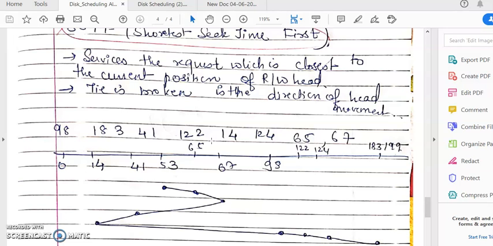Both are equally close. But which will I attend? I'll attend the request in the direction my head is going. So the tie is broken in the direction of the head movement. If the movement is going in the forward direction, I'll attend 54. If the head movement is going towards the backward direction, I'll attend 52. Got this point: tie is broken in the direction of the head movement.